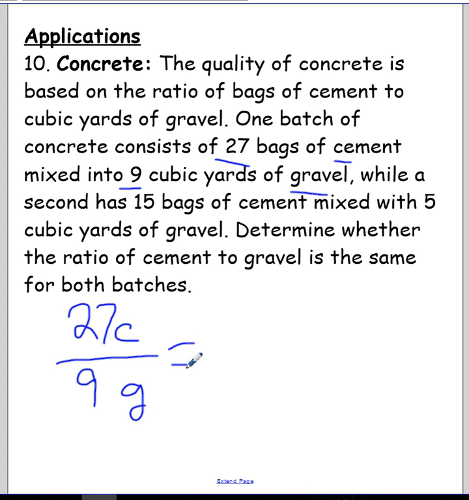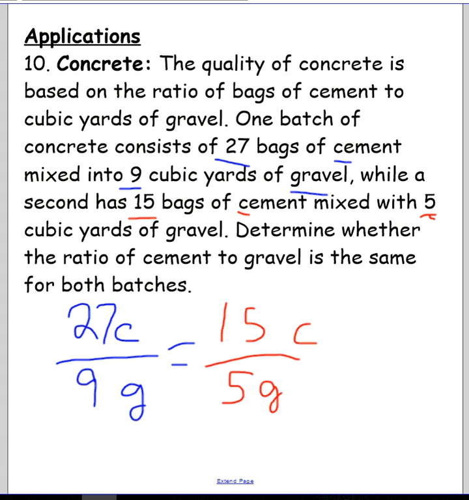And now let's look at the second scenario. While a second has 15 bags of cement, since we put cement on the top of our first ratio, we'll have to put 15 on the top of the second, since that represents the bags of cement. And then our cubic yards of gravel is 5 for the second scenario. So we'll have 5 of gravel.